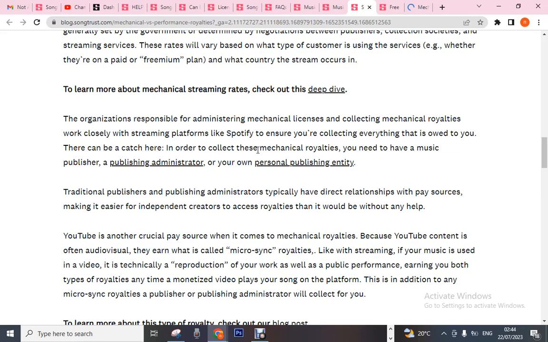In order to collect these mechanical royalties, you need to have a music publisher, a music administrator, or your own personal publishing entity. Traditional publishers and publishing administrators typically have direct relations with pay sources, making it easier for independent creators to access royalties than it would be without any help.